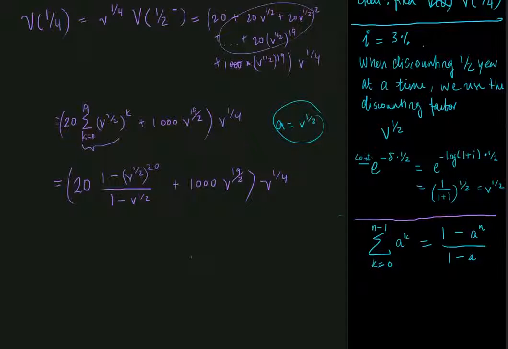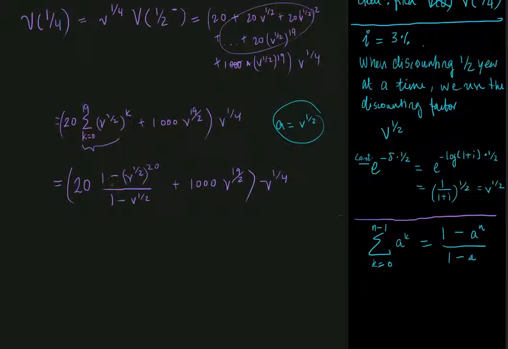And probably the last part that we can do here is to notice that we can multiply v to the 1/4 into the parenthesis, but it's kind of superfluous, so we don't really need to do that.